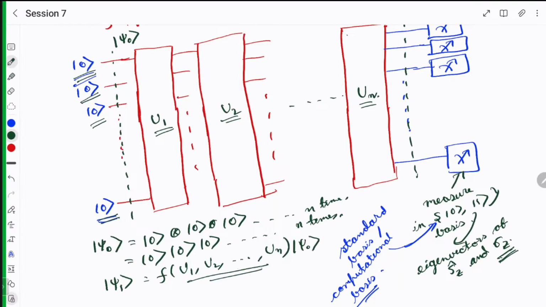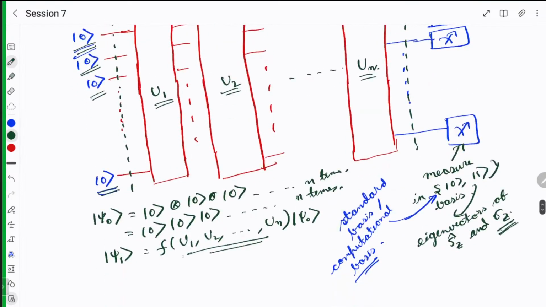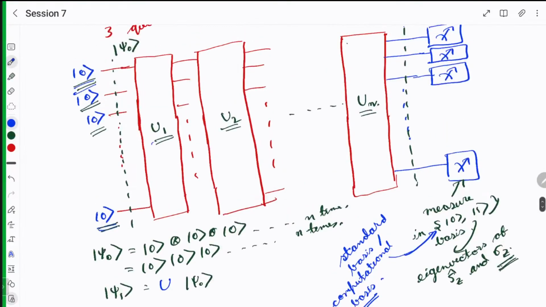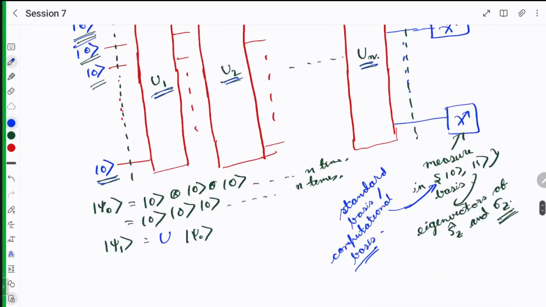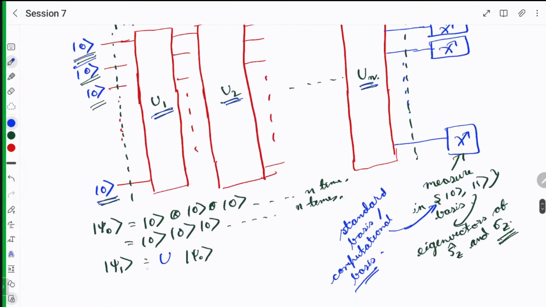What will this f be? Or rather, let me put it in a better way. I want to find out what the net unitary is which is acting. There are multiple unitaries acting in sequence. If I apply u1 first, then u2, up to un, then what is the total unitary which is acting?